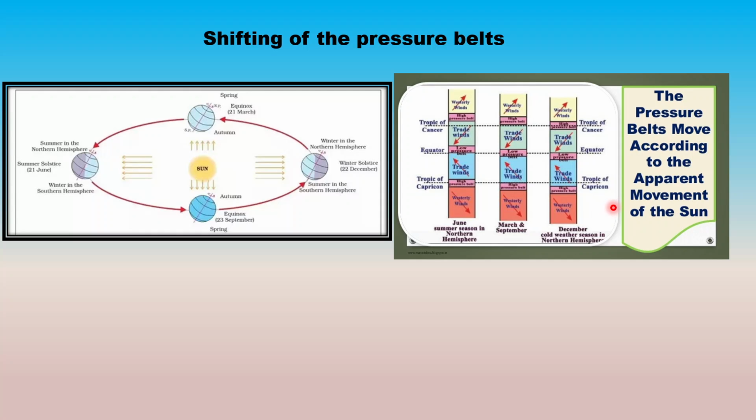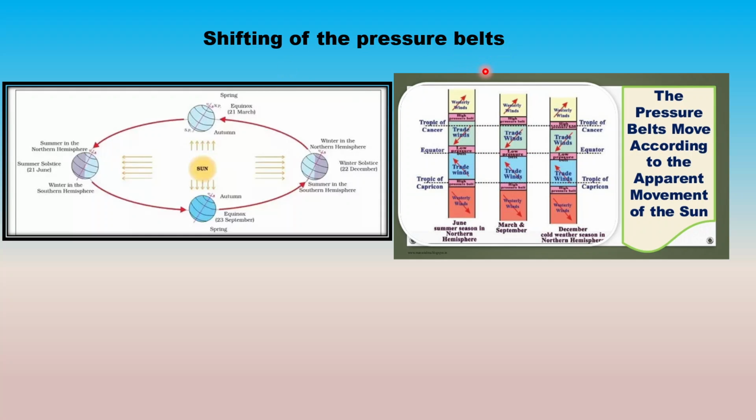As a result, some regions which are very dry during the summer come under the westerlies, which are blowing over vast expanses of water, and they bring a lot of rain to the western part of the continents.